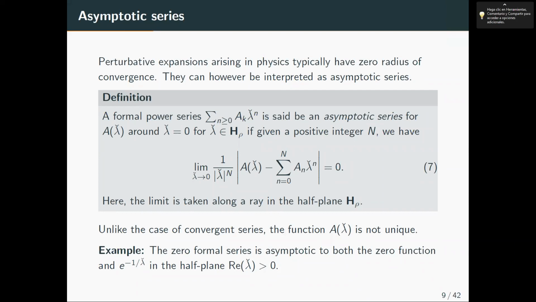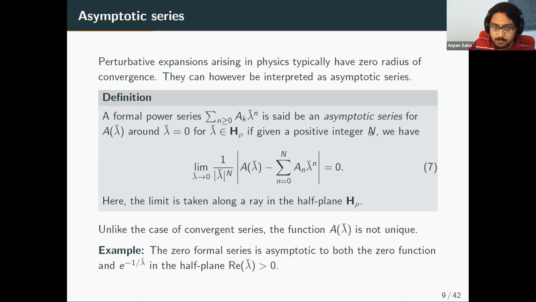Even though such perturbative expansions don't converge anywhere, you can still make sense of them as an asymptotic series for some function. So what does that mean? Here's a definition of an asymptotic series.